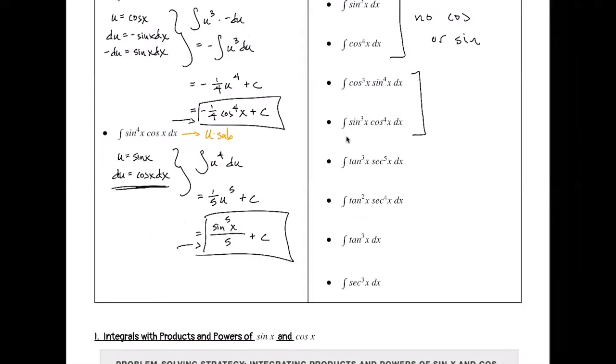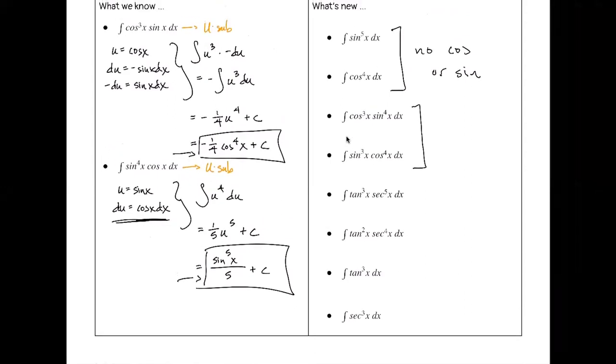But can't you, in the first one where there's a sine to the 5th power, separate one sine, and leave sine times sine to the 4th, and change that sine to the 4th to a one? Yeah, that's exactly what we're going to do when we actually solve these questions, okay?